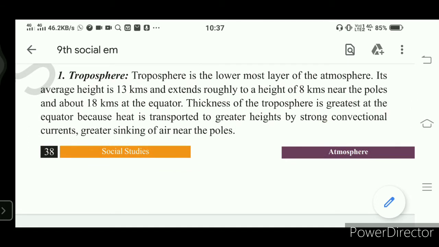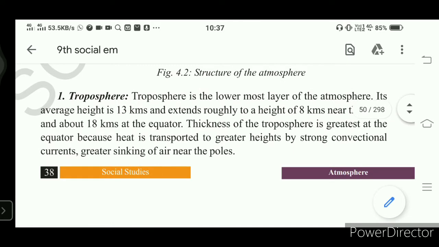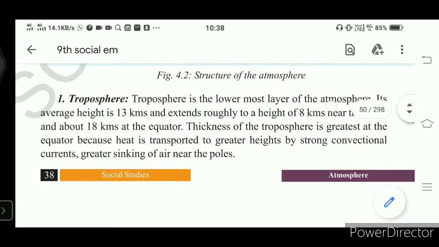Whereas at poles, the sun rays fall diagonally, so there the heat is very less due to less insolation, right? So the air at poles is heated very little, so the air molecules rise only to lower heights.